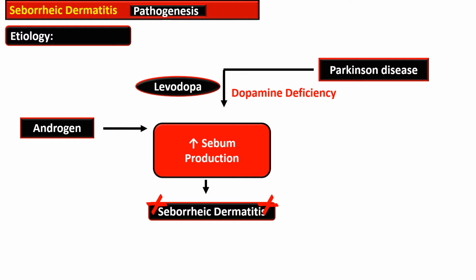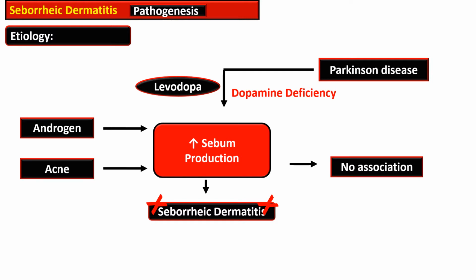However, when the patient is treated with levodopa, these lesions disappear. So it is strongly related with increased sebum production. But acne, which also has increased sebum production, is not associated with seborrheic dermatitis. There is not enough sebum produced to cause the lesion.